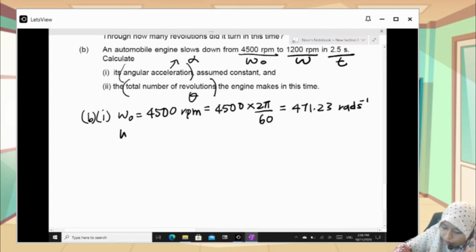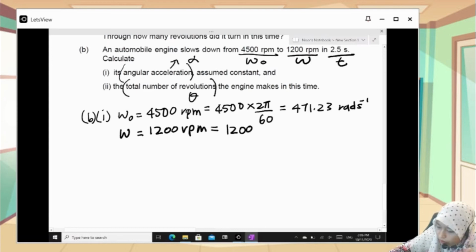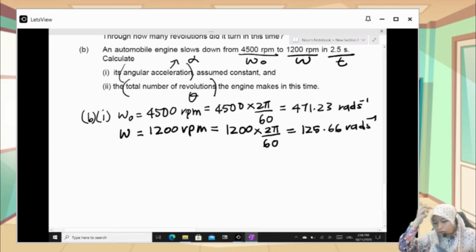And then omega is 1,200 rpm. Change it to radian, times 2 pi over 60 as well. And we got 125.66 radian per second.